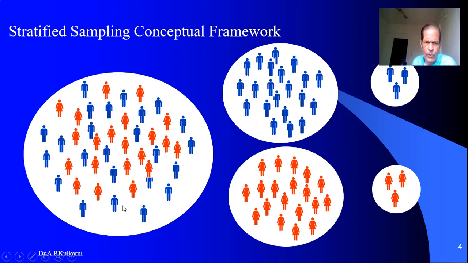This we do because we have a prior knowledge that this population has two subgroups which differ significantly as far as the variable in question is concerned.